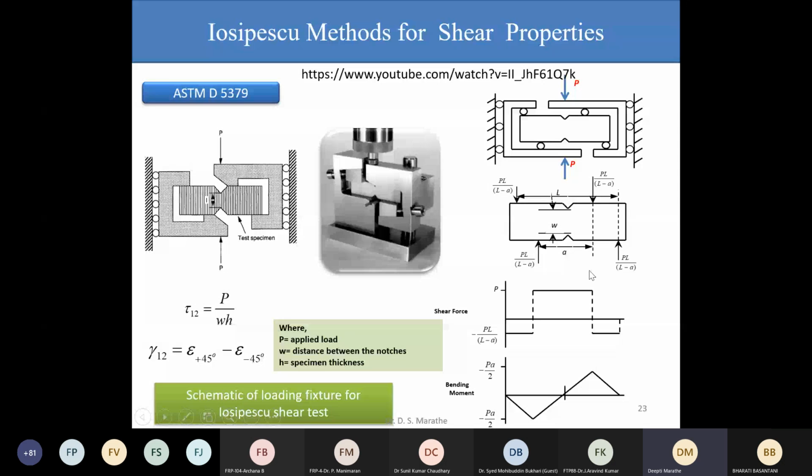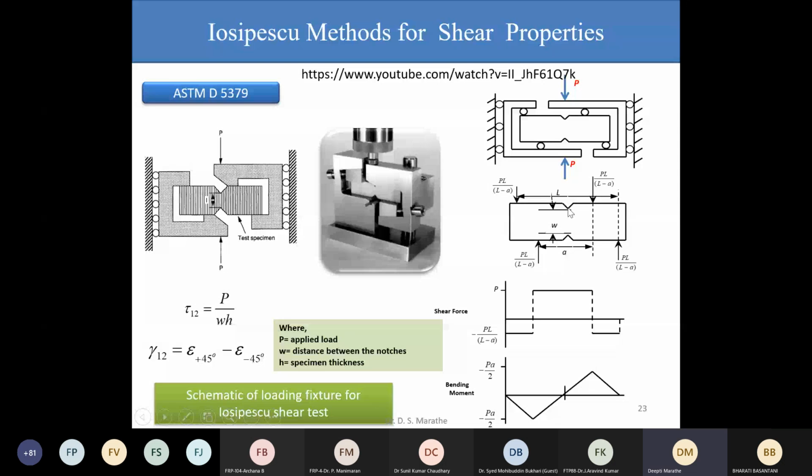This test is not relying on any off-axis tensile property and then doing further mathematics to get the value of shear. This test relies on purely creating shear in this particular area. Of course, care has to be taken that in this notch there are no sharp edges.